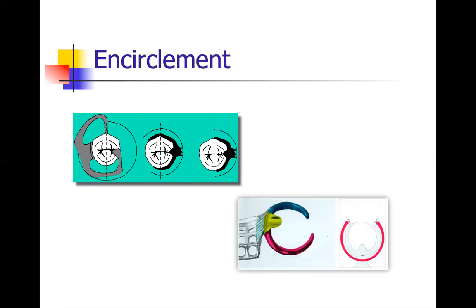Fifth property of properly designed clasp is encirclement. Encirclement is the characteristic of a clasp assembly that prevents movement of an abutment away from the associated clasp assembly. Clasp assembly should have 180 degrees contact.